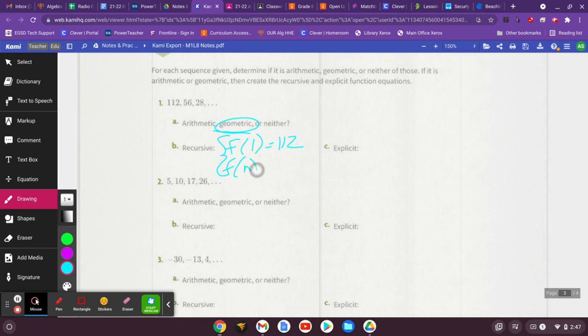And then my next one is my previous times half. So that means my explicit would be f of n equals my start, 112, times half, and it's the n minus 1 because I've started with my first term.